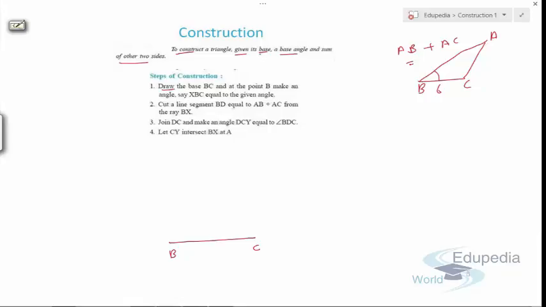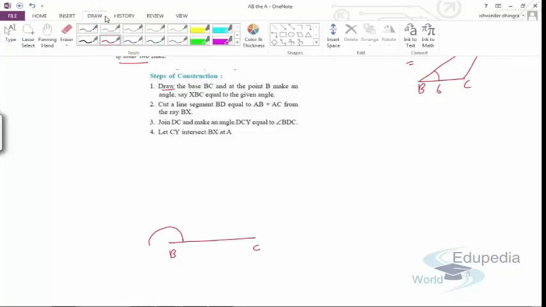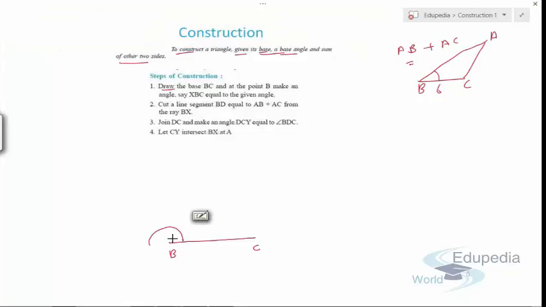So whatever the base angle is given, we need to draw the angle at B. We can use the compass, open an arc, then we can draw an angle. So any type of angle, whatever the base angle is given, we can draw over here, right? Let's say this point is X now. So this angle is XBC.